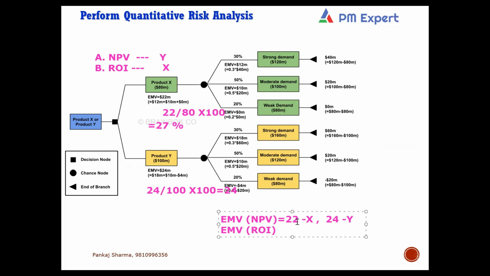So based on NPV, which one should be selected? Product Y, since its EMV is greater. For ROI, if I go with ROI, then product X is 27% and product Y is 24%.